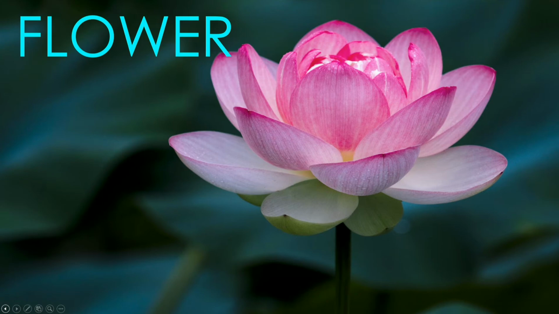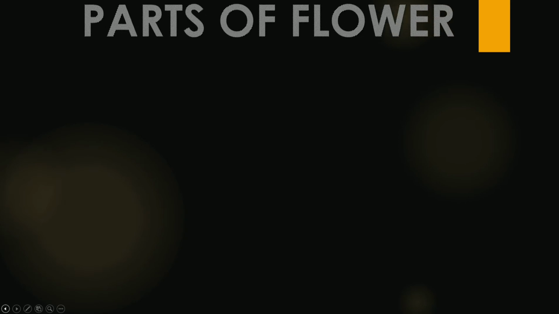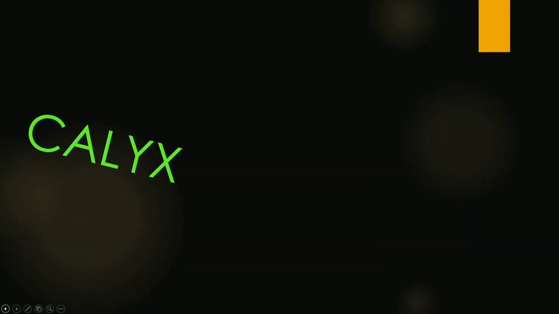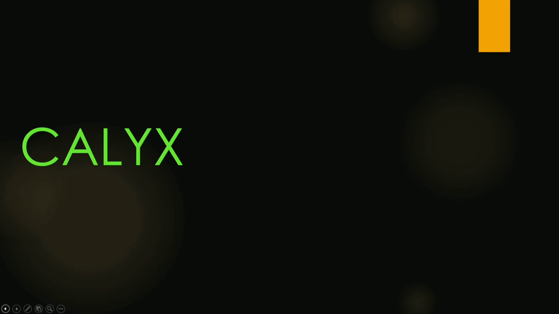Now see the structure of flowers, the main parts of the flower. The first main part of the flower is the calyx. It is the outermost wall of the flower, green in color and protective in nature.